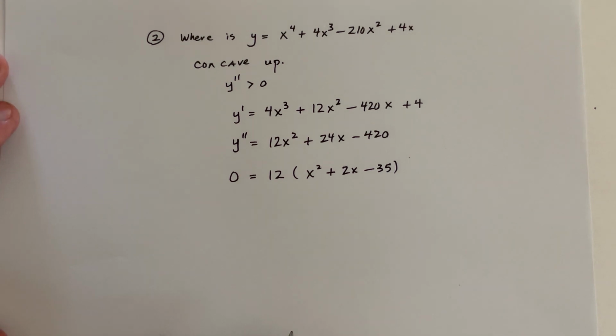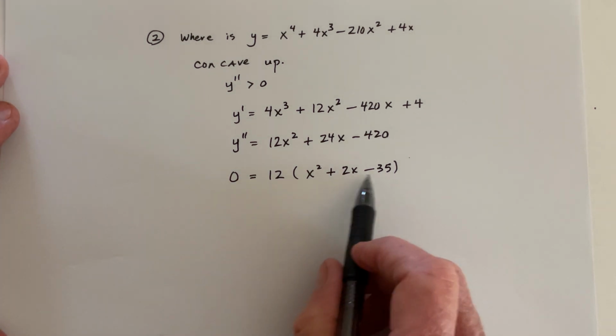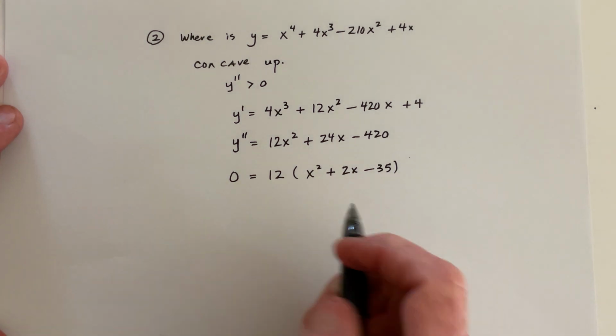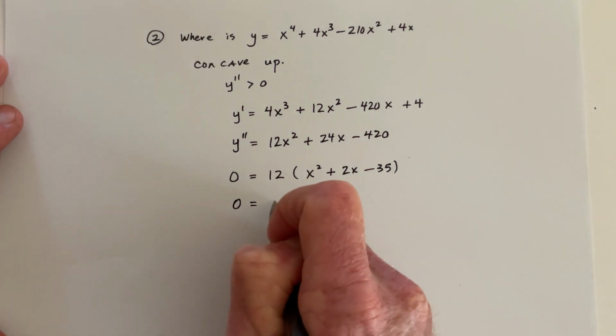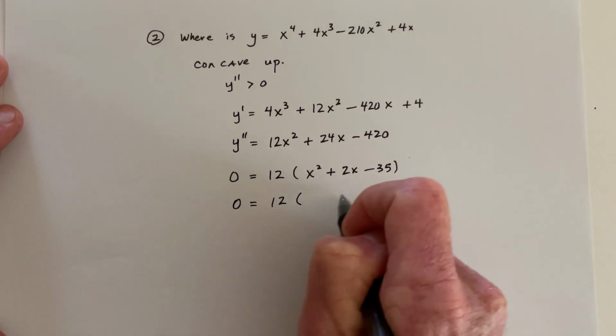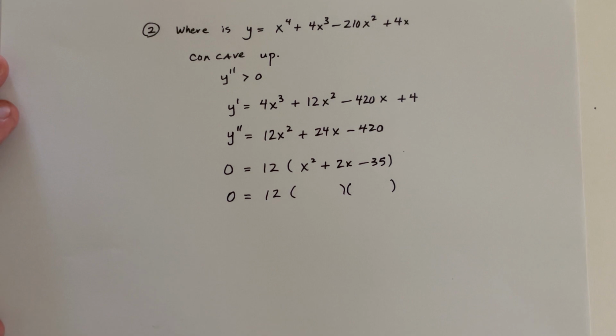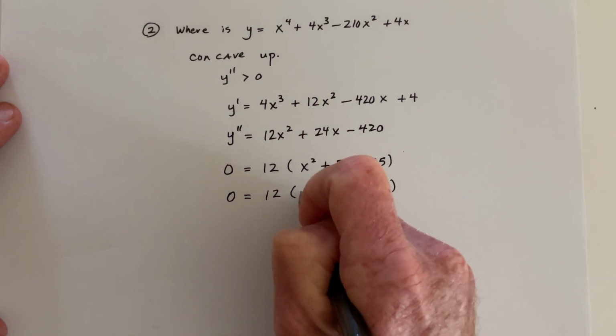And usually I would just do the quadratic formula, but if I use a 7 and a 5, I think this one could be factored. If it can't be factored, you could always do the quadratic formula. Quadratic formula always works. Factoring works sometimes.